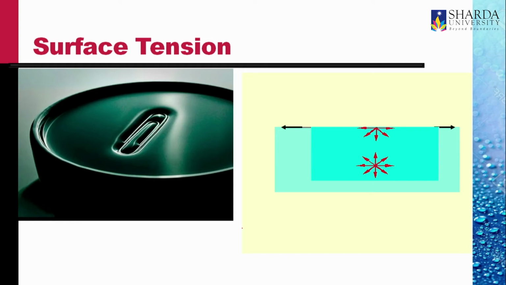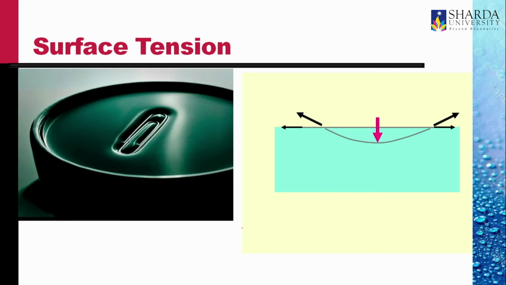If we apply a force vertically on the surface, it bends, produces a small dip, so that at the end of the dip, the surface is inclined.